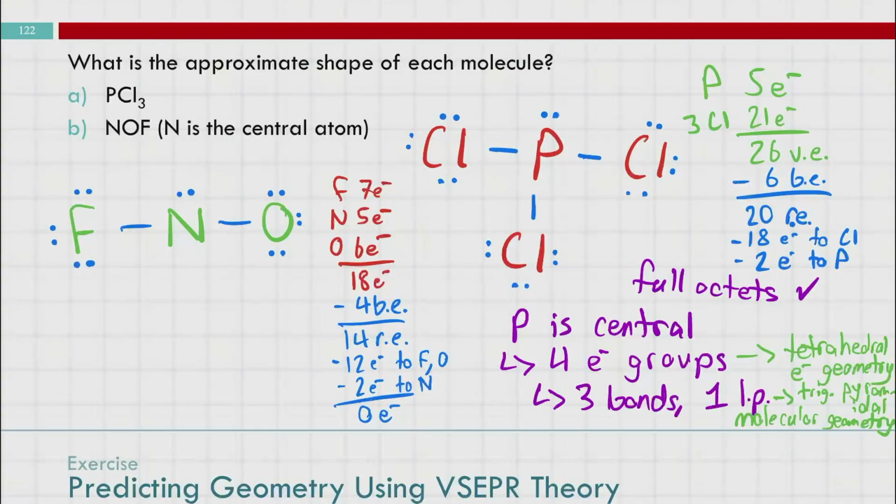And you might recognize that fluorine's got a full octet, oxygen has a full octet, and nitrogen only has 6 electrons, so this would probably lead us into a resonance structure sort of thing.